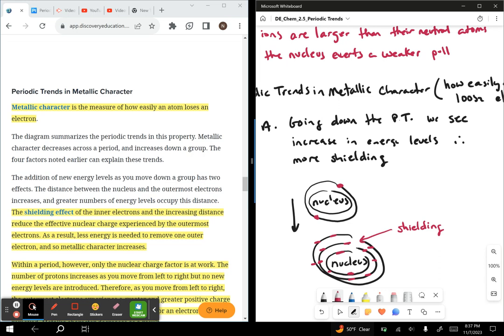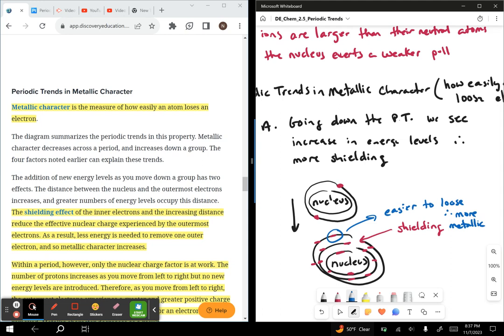Okay, and what does that make? It makes it easier to lose. Therefore, it's more metallic, because being more metallic by nature is to be able to lose electrons easily.